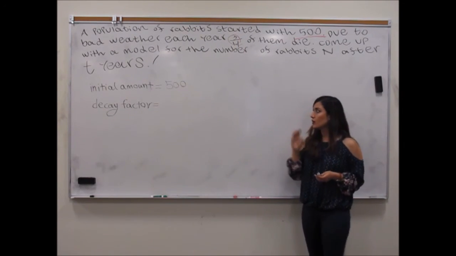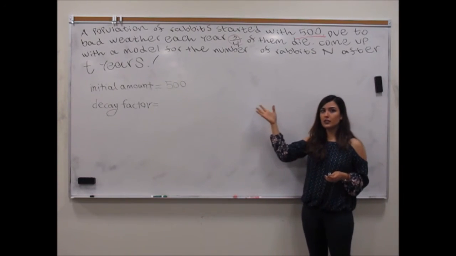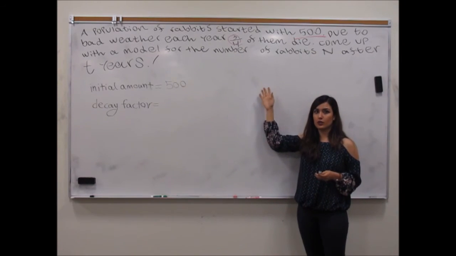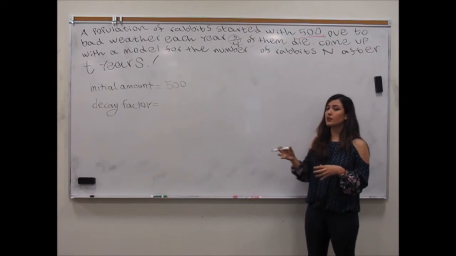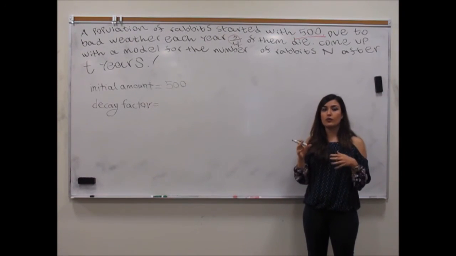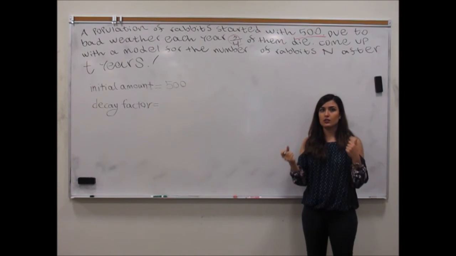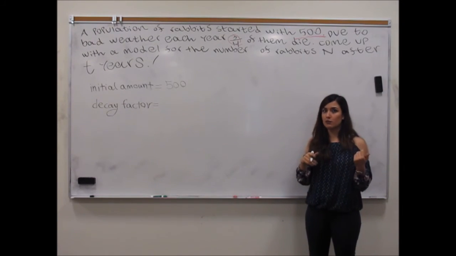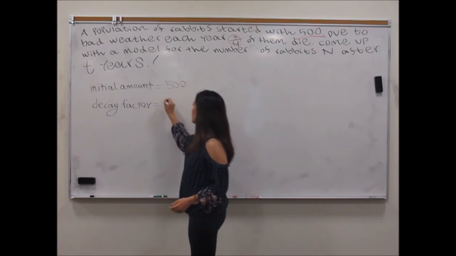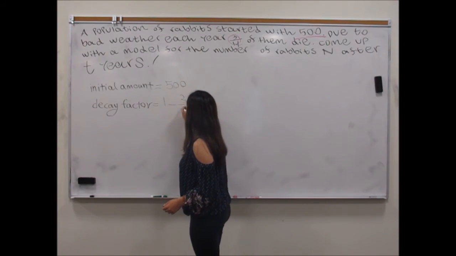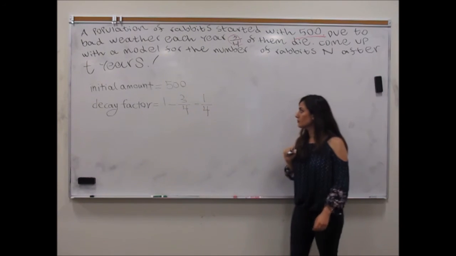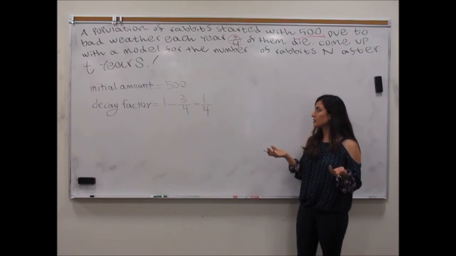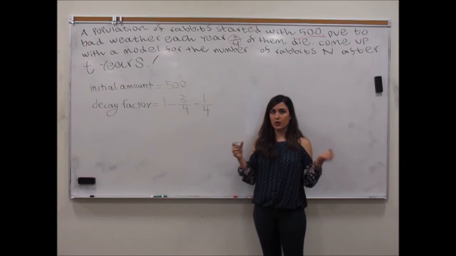I know that this is worded differently, but notice how similar this question is to the last one that I just did. 3/4 of them die, so that means 1/4 of them remain. The last question told me that 1/4 of them remain. So my decay factor here is 1 minus 3/4, which is 1/4. It makes sense because if 3/4 of them die, how much remains? 1/4 of them.